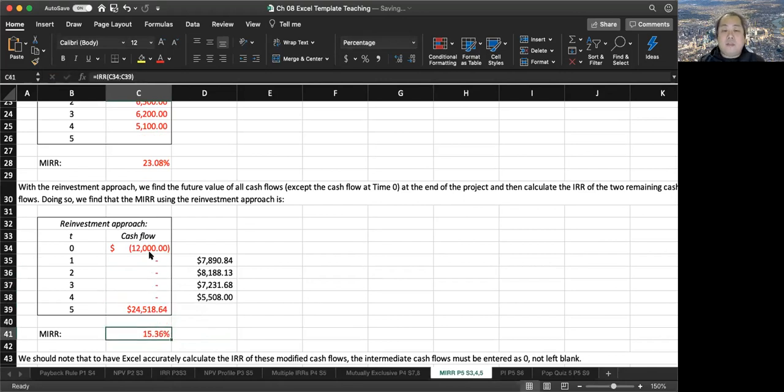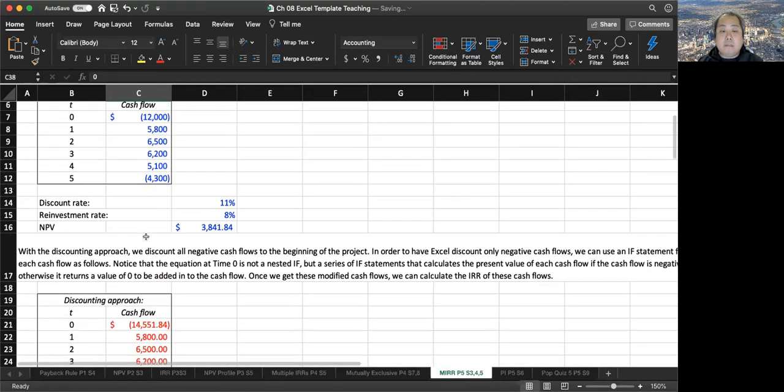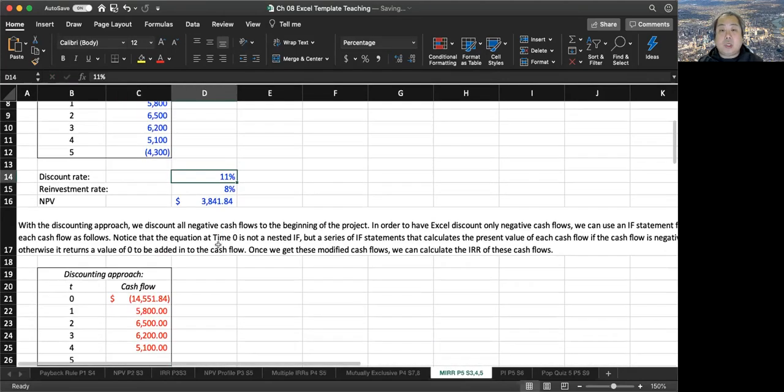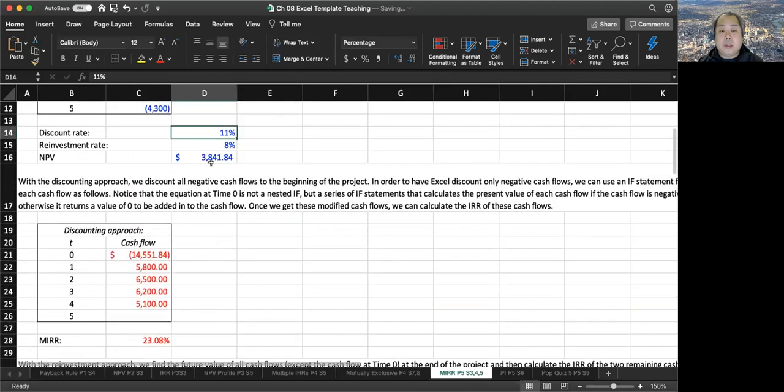You have 15.36%. Make sure that you have 0 cash flow here. So again, this is higher than 11%, which is good. This is consistent with the NPV decision.